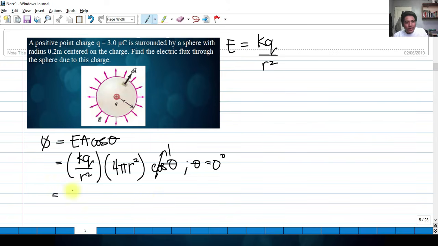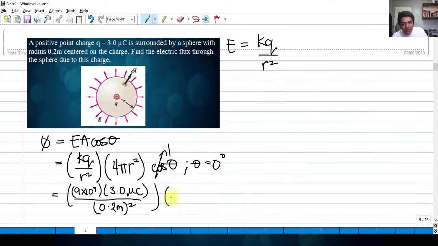So what is this? We have 9 times 10 raised to 9 as the Coulomb constant, multiplied by Q, that is 3.0 microcoulombs, over the radius of the sphere, which is given as 0.2 meters, squared, multiplied by 4 pi r squared, which is 0.2 meters squared. So we can cancel out the 0.2 meters squared.